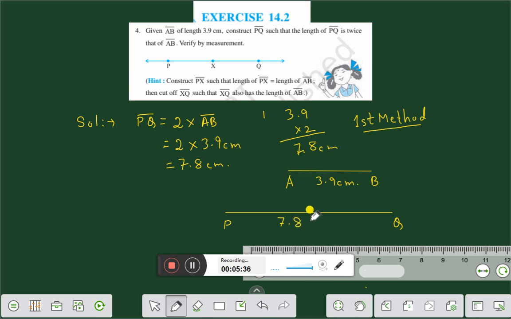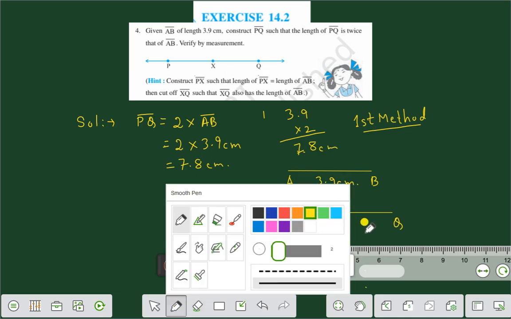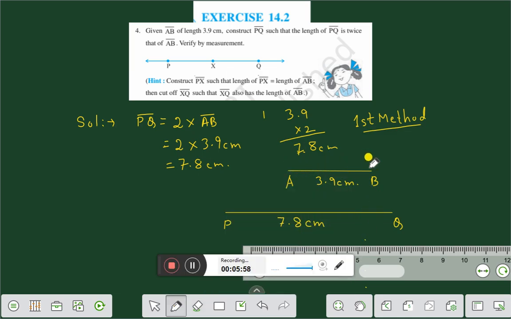That means PQ is twice the value of AB. If you draw this line AB here, take this line 3.9, then you will find that here it will be 3.9, the middle point will be B, and again it will be 3.9. That is total 7.8 centimeter. This is the first method.